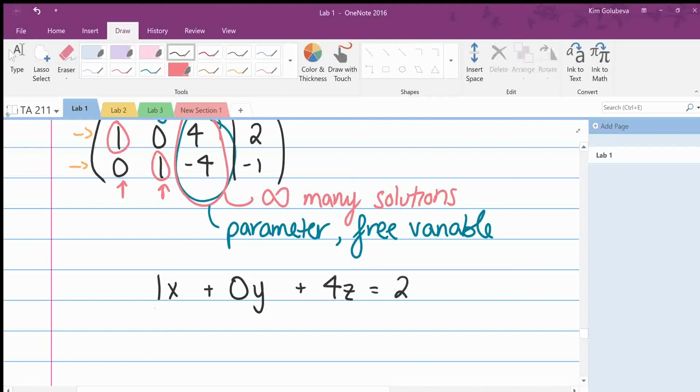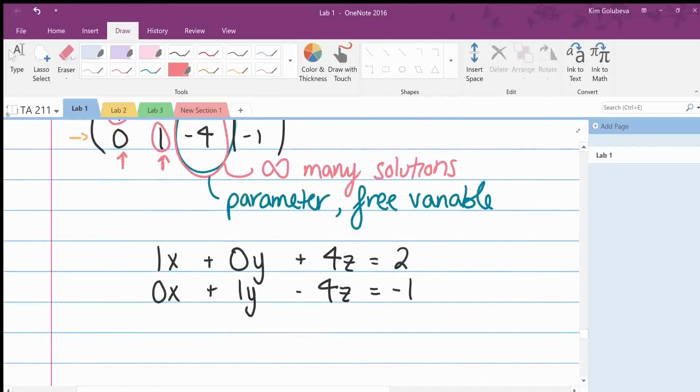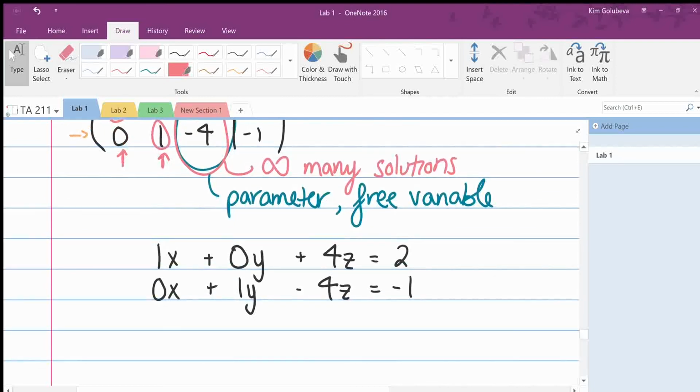And we're saying 0x plus 1y minus 4z equals -1. So what we're saying is that right here we can choose this to be any value. We can choose z to be any value, and these equations will be true.